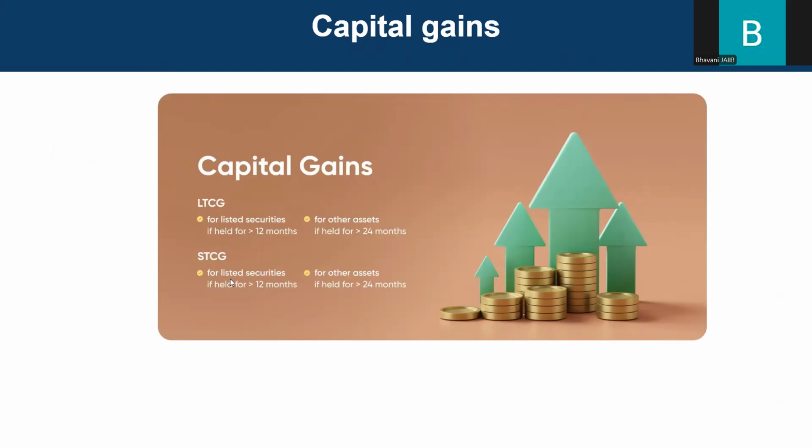Whereas a short-term capital gain is when you sell the asset within a short period, that is, selling shares within 1 year, or listed securities. So less than a year, that is STGC. And for assets, if it is held for less than 24 months, it is called the STGC, the short term capital gain. So that's about capital gains.